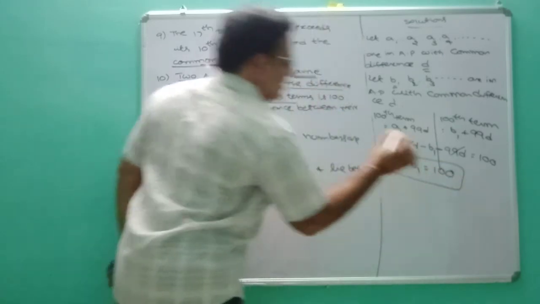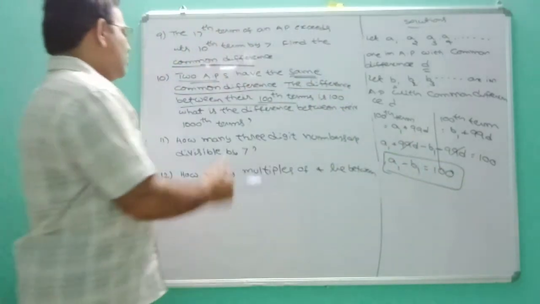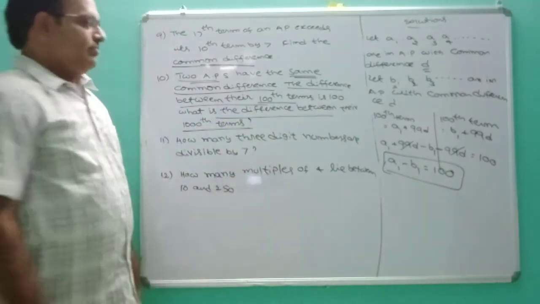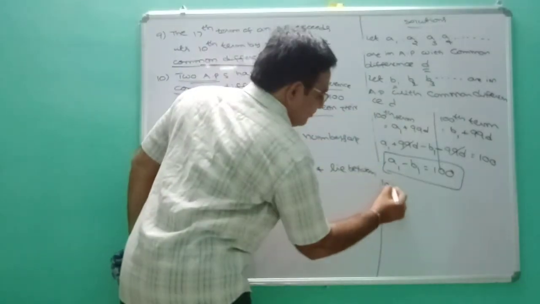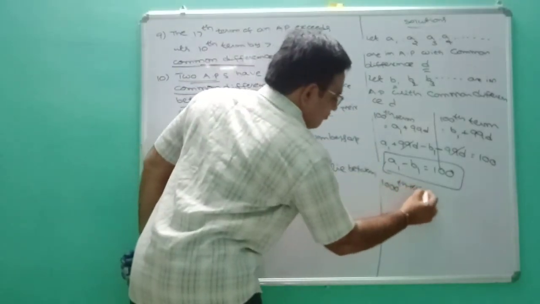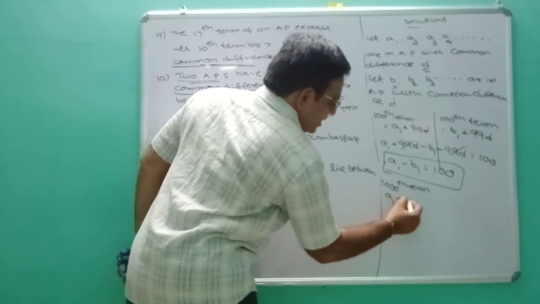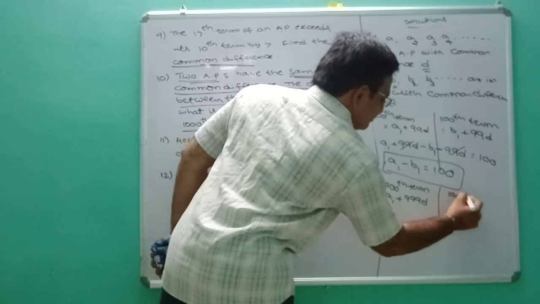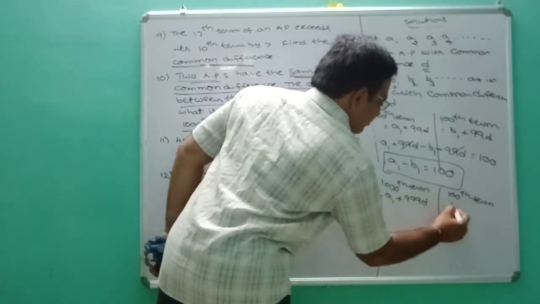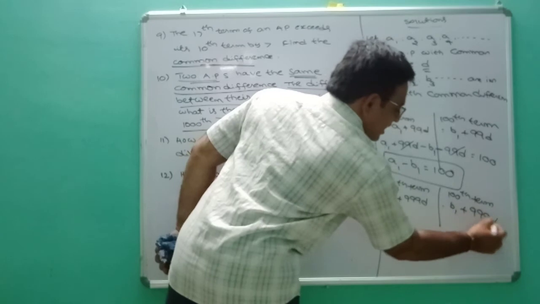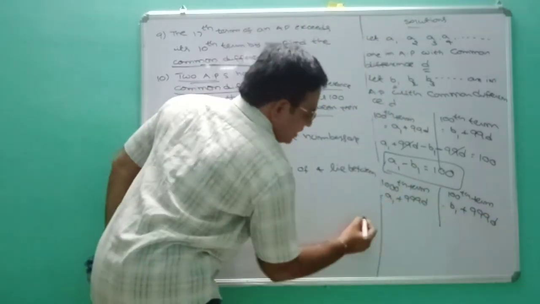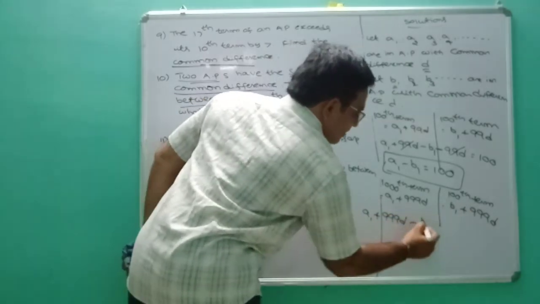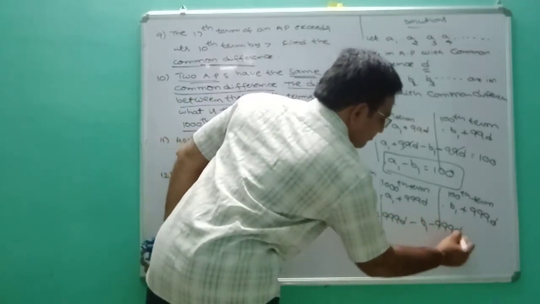This is the condition. Now, what you want is the difference between their 1000th terms. So we take the 1000th term: A1 plus 999D, and B1 plus 999D. Now take the difference: A1 plus 999D minus B1 minus 999D.